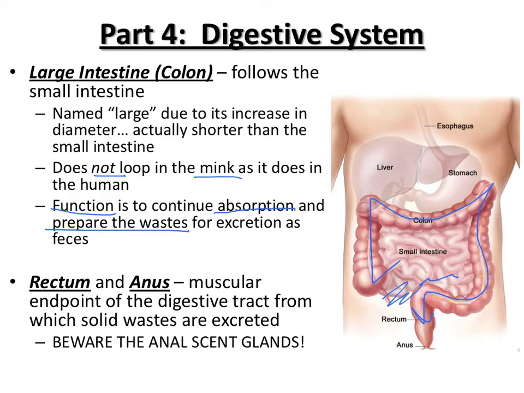Then you've got the rectum, which is sort of the muscular end point of the large intestine, where you would store your feces until you're ready to go to the bathroom, and then that will exit via the anus. And both of these are very muscular, so you can actually control that function usually. Now, also, as you're dissecting, don't forget the anal scent glands are down there, so do be careful what you're cutting into so that you don't get a really stinky mess on your hands.